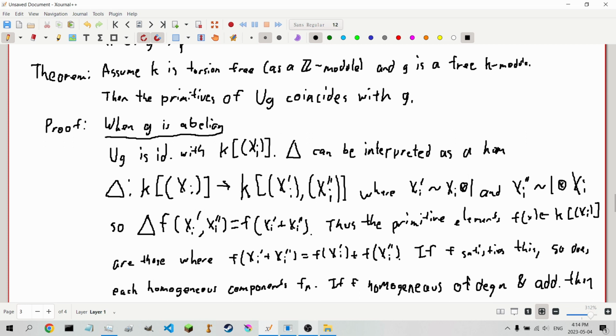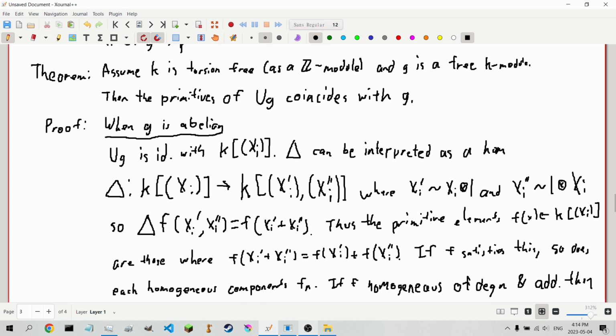And then the set of primitives of the universal algebra of G coincides with just G itself.